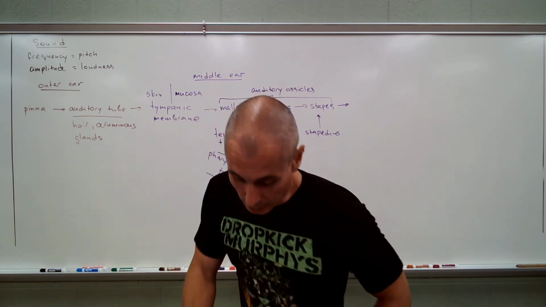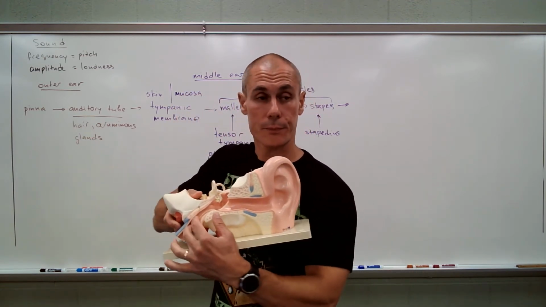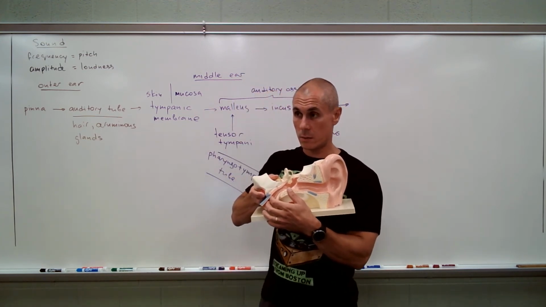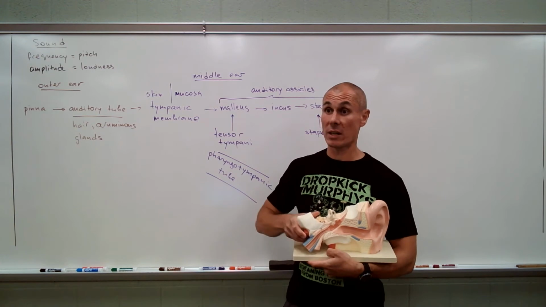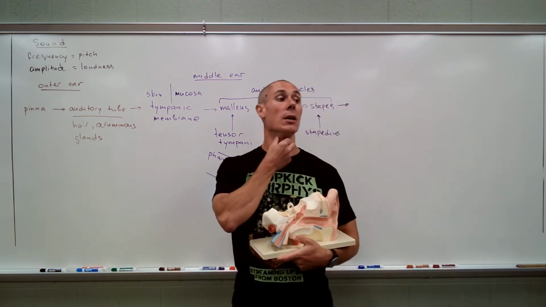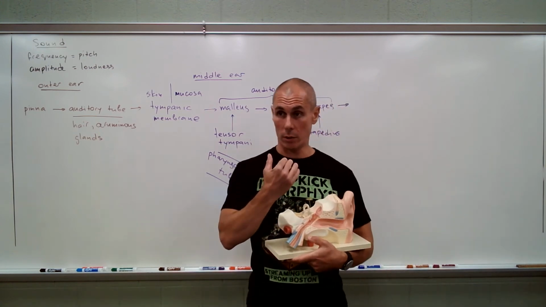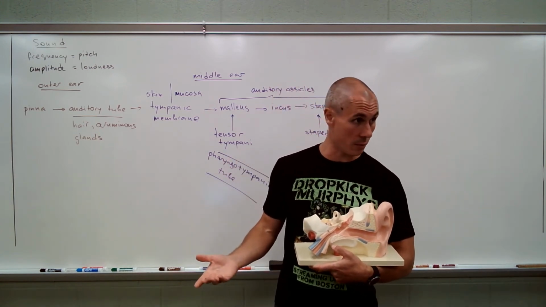So this tube right here connects your ear to your throat. Okay? Now think about the whole system. Your nose is connected to your throat. Your ear is connected to your throat. Therefore, ENT, ear, nose and throat.